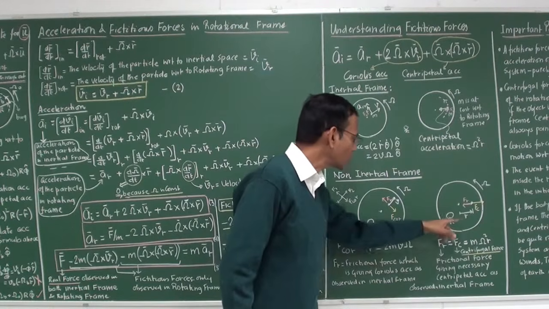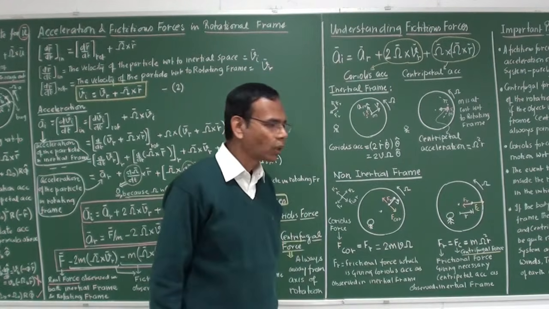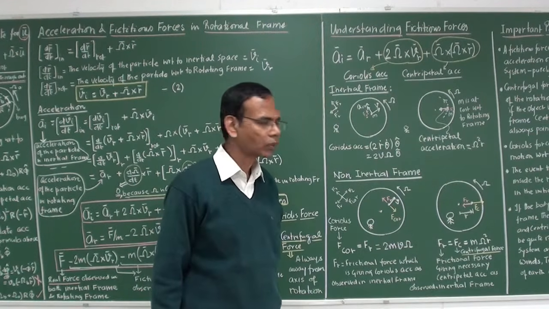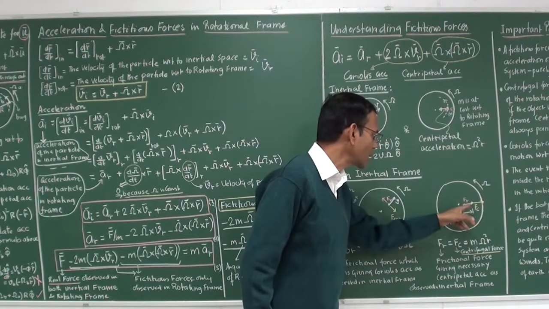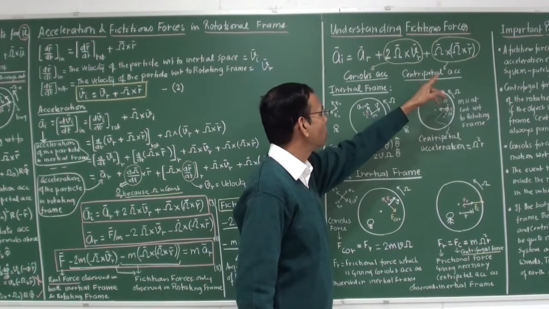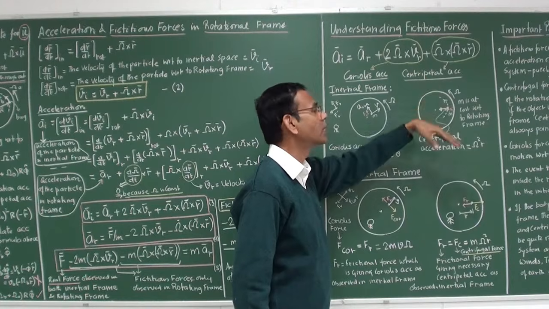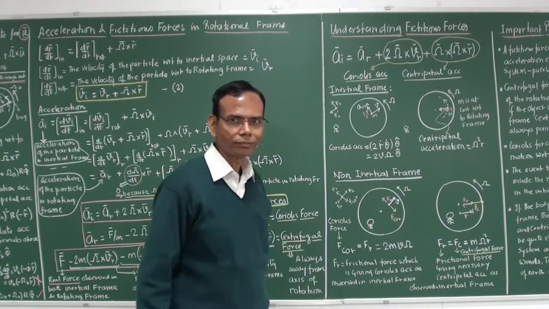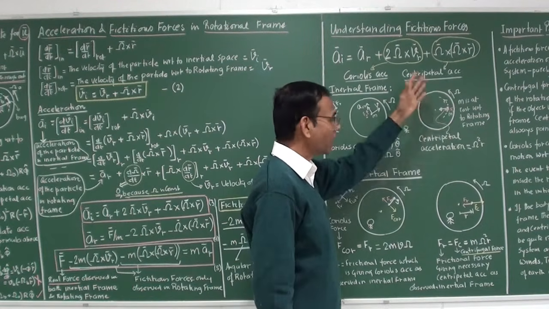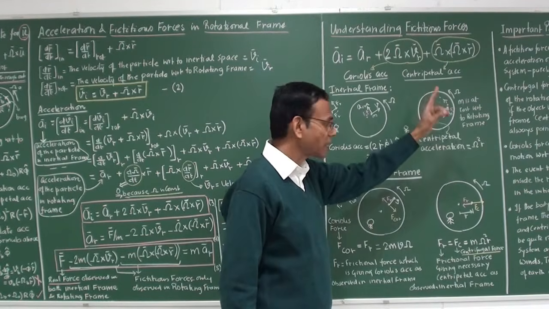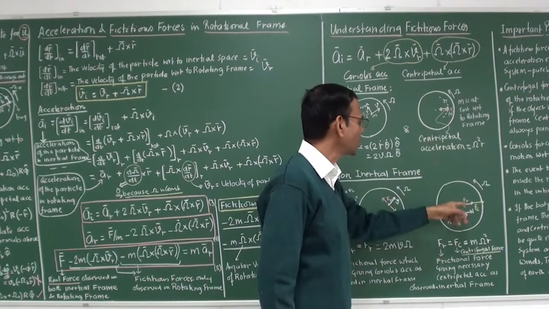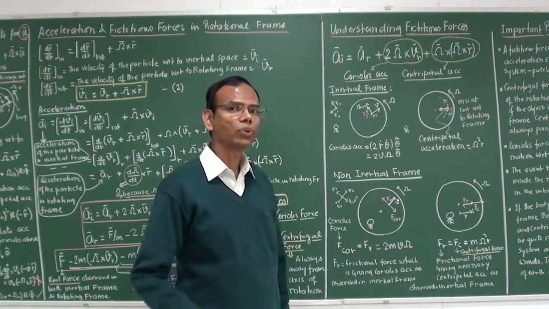But he observes that this particle is at rest, so he has to apply another force to make that force 0. So there is a centrifugal force exactly equal to that: exactly m omega square r, the negative of that term, he will apply. From here we get a feel for what this is: the centripetal acceleration term observed from the inertial frame, in the negative direction, has become the centrifugal force.